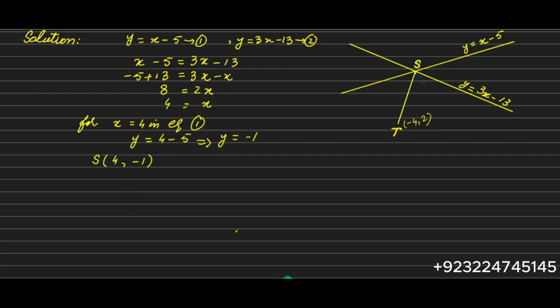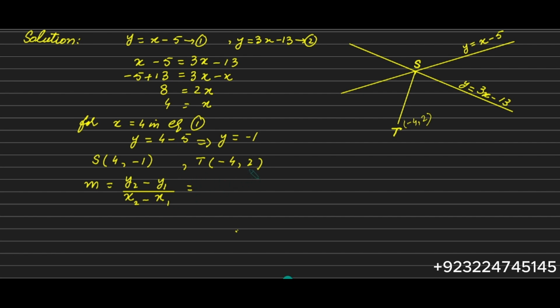Now when we have found the coordinate of S and we also have the coordinate of T, which are minus 4 and 2, to find the equation of the line ST, first of all, we have to find the slope, the gradient of ST. So the gradient will be m, we know y2 minus y1 over x2 minus x1. We replace the values.